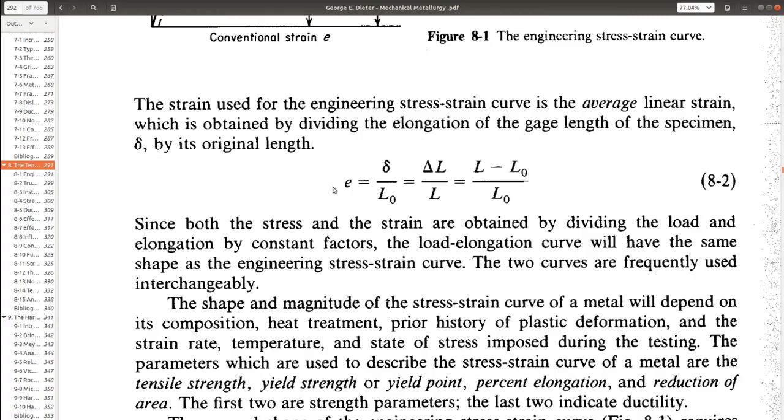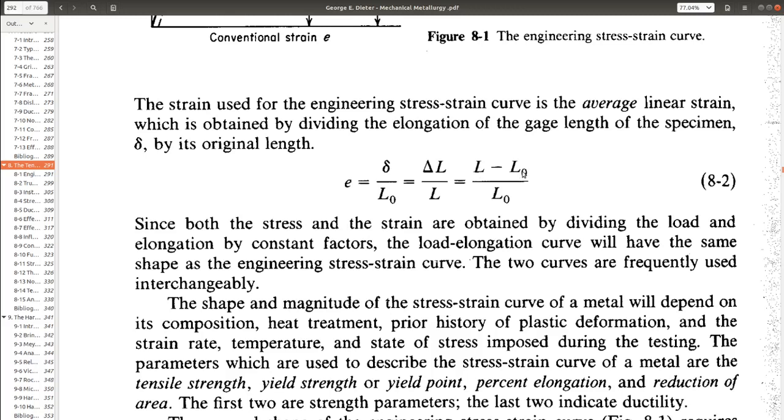And let's see what is engineering strain. So the engineering strain is denoted as small e, which is the change in length per original length, which means initial length, which is also known as gauge length. And this is the final length, the current length, and initial length.